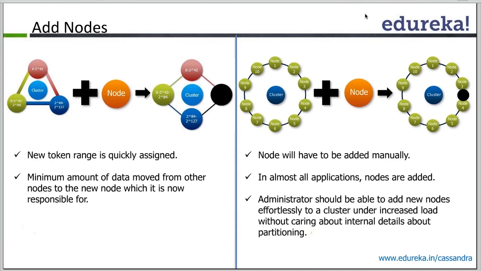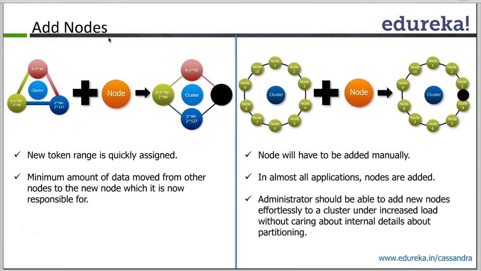It will automatically make 4 partitions and quickly assign the 4th partition to the new node. There is absolutely a minimum amount of data moved from one of the nodes to the new node, which is now responsible for it. So all the data associated with that responsibility will get transferred to it.